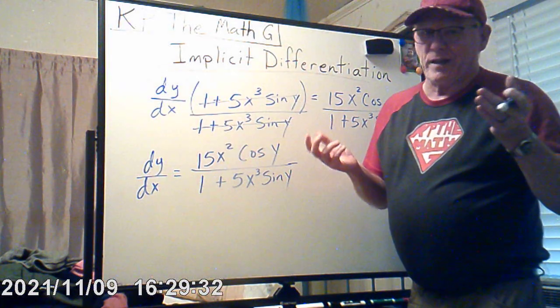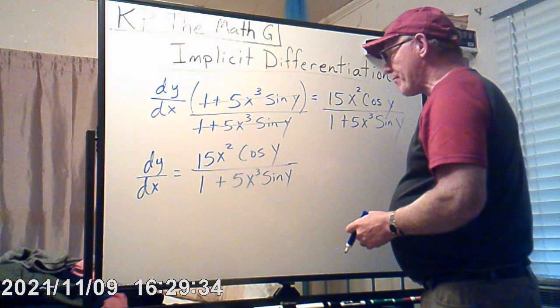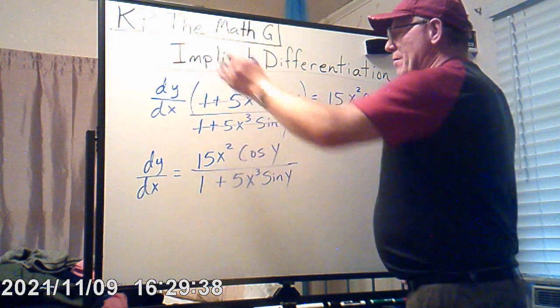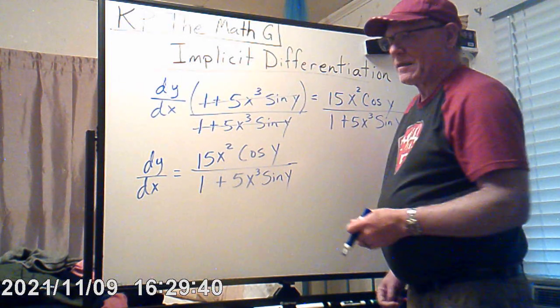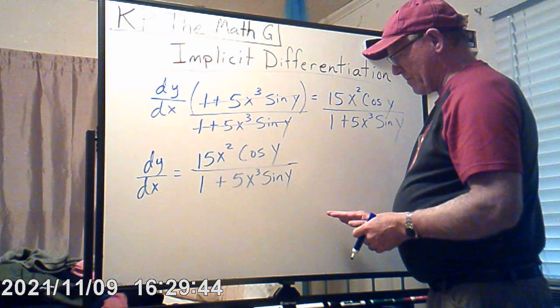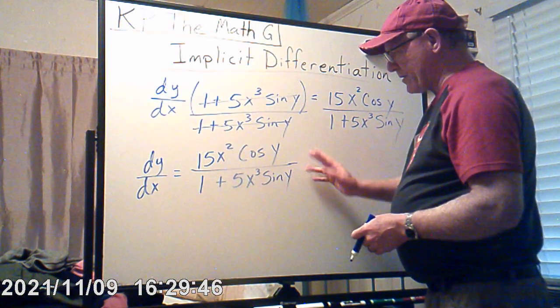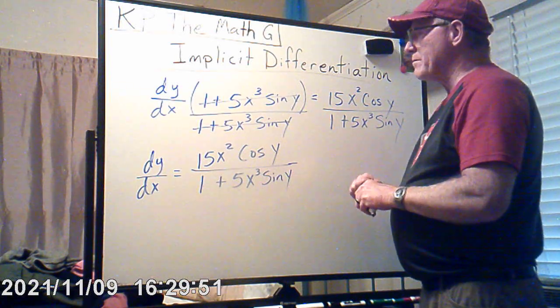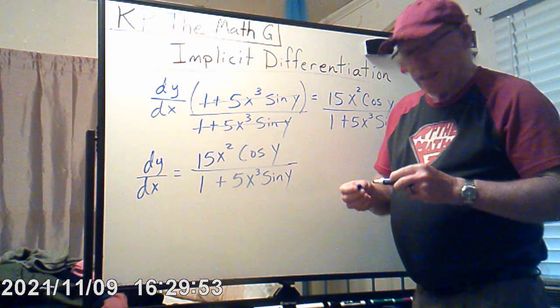Hard to solve that. In our case, we had y on one side and cosine y on the other side. So that's what we're talking about when we talk about implicit differentiation.